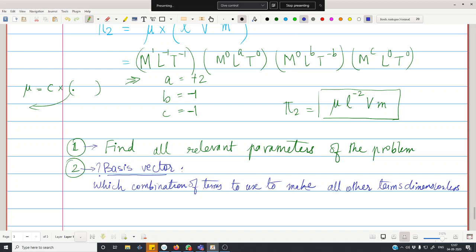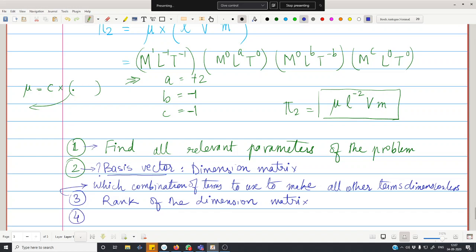The way to find out the basis vector is to create the entire dimension matrix, and to find out the rank of the dimension matrix. Once you have found the rank of the dimension matrix, you would have answered this particular question.